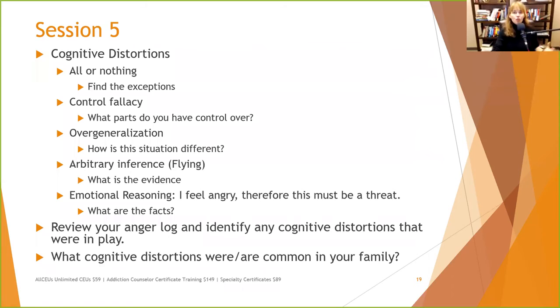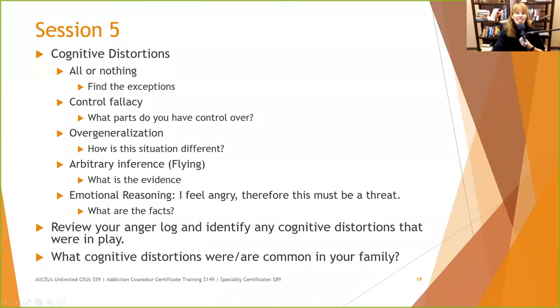If they have that control fallacy that they should be able to control everything, their spouse, their coworkers, their this and their that, that ain't gonna happen. I'm just gonna break it down to them like that. That ain't gonna happen. What parts do you have control over? And let's focus on what you can control. So they don't feel like they're a fish flapping out of water.